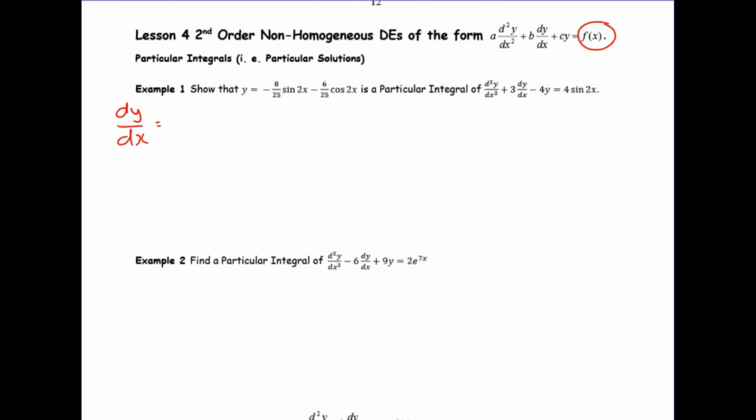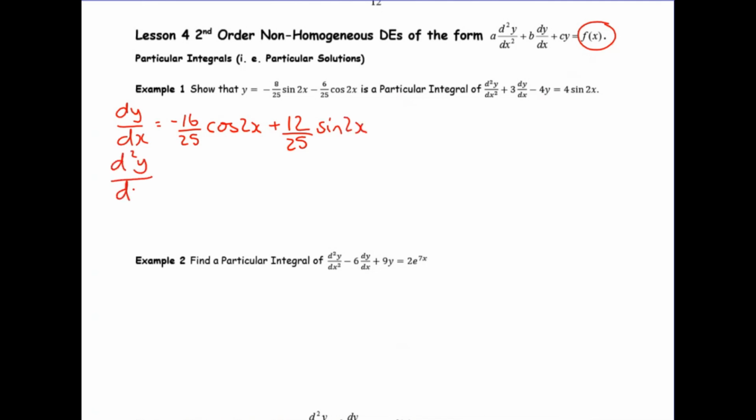So why is that thing there? Differentiating this one. So differentiating sine goes to cos. I need to times by the 2, so it's minus 16 over 25 cos 2x. Cos differentiate the minus sine, so that will be plus 12 over 25 sine 2x.